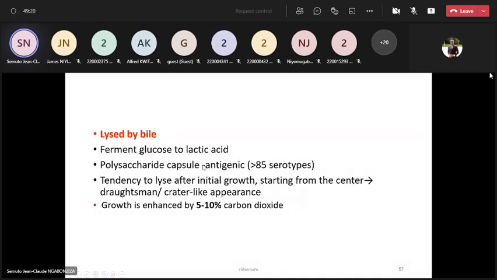It has capsule antigen with more than 87 serotypes, so you can distinguish many serotypes. It tends to lyse after initial growth, starting from the center, giving a crater-like appearance, or draughtsman characters. Growth is enhanced by 5 to 10% CO2.